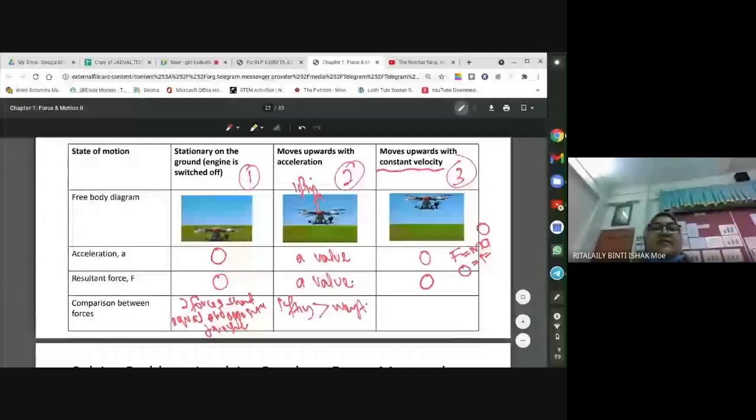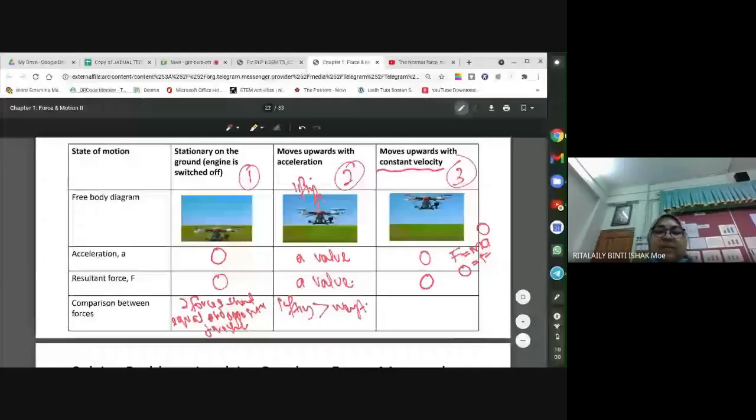And lastly, comparison between forces. Tejasin. So what is a comparison?